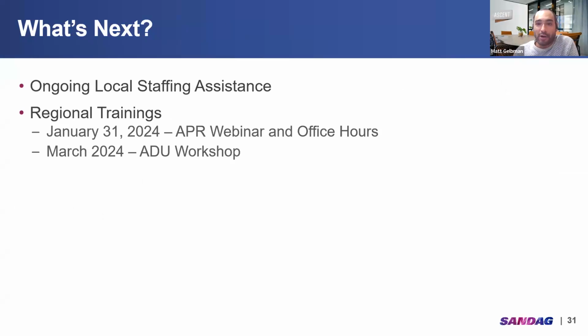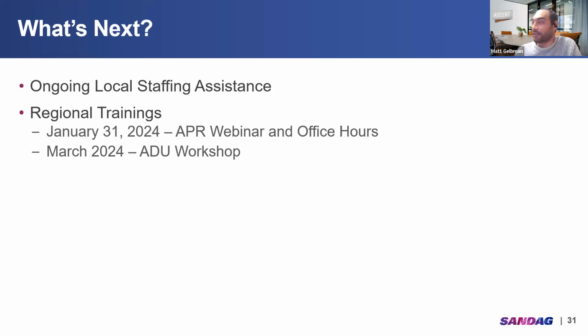This is the final webinar for the HAP TA program for the year. And we are planning for some activities at the start of the year, including a webinar on January 31st about annual progress reports for HCD. Then we're going to follow up on that webinar with some office hours to provide one-on-one assistance for anyone who needs help completing their APR forms or has questions.